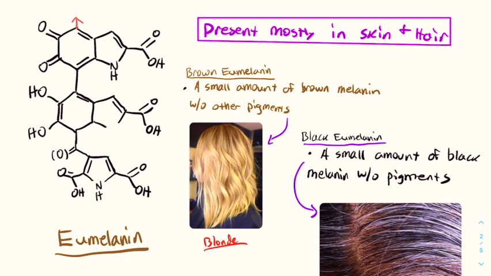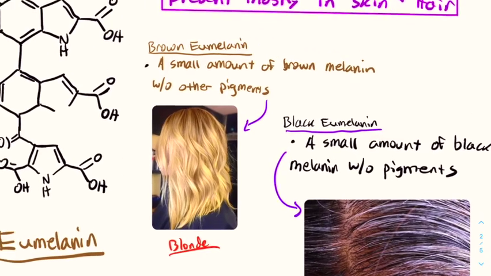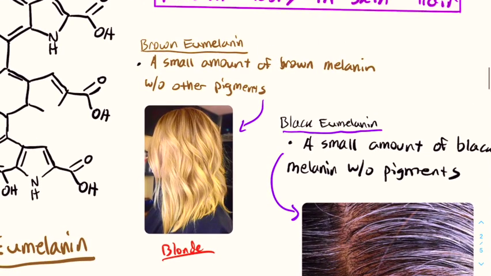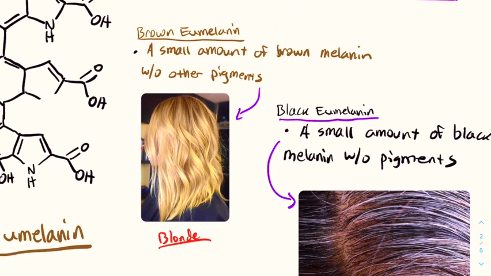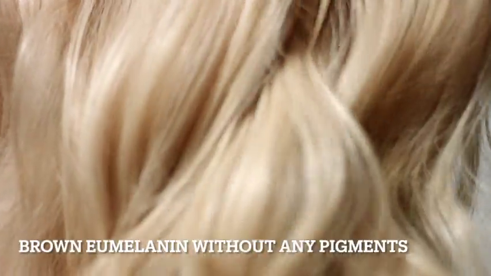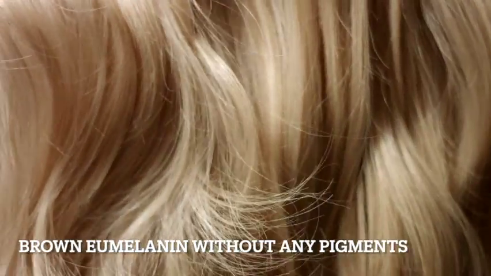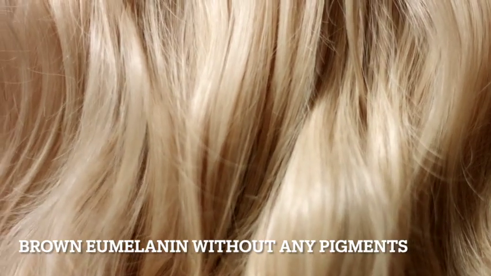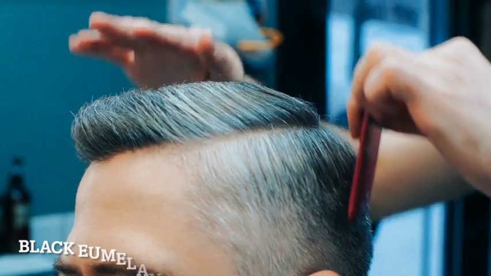So eumelanin is present, like I said, mostly in skin and hair. And there's some really interesting facts about how it contributes to hair color. So brown eumelanin is one type and black eumelanin is the other type. If you have a small amount of brown eumelanin without any other pigments, you get blonde hair. If you have a small amount of black eumelanin without any other pigments, you get gray hair.